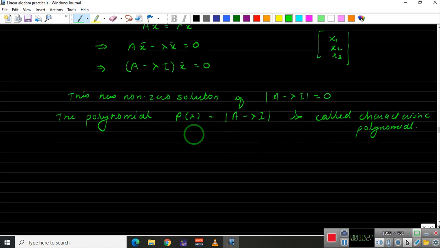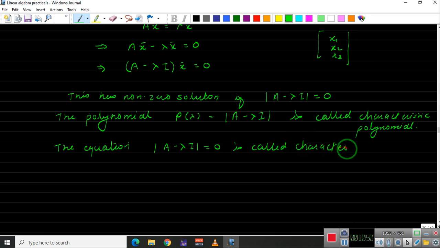When you put that equal to 0, you get an equation. The equation p of lambda equals 0, that is, the determinant of A minus lambda I equals 0, is called the characteristic equation.